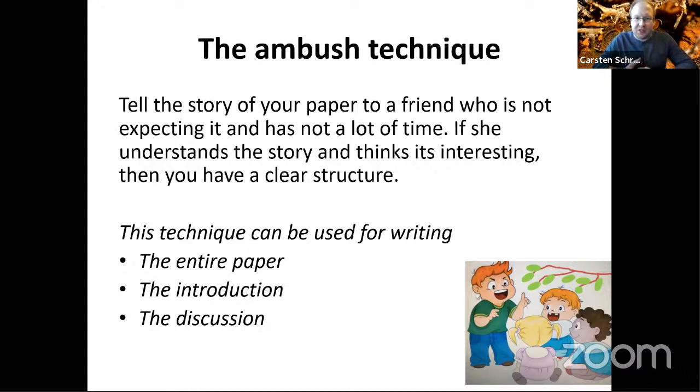Now in Corona times, it's difficult, but go to someone else and tell the person what you want to write about. And then when you change the context from sitting in front of the computer with Word and being stressed to having somebody to tell, then your mind often gets much clearer and you get down to the points that are really important. So this might help you to clarify what is really the story of your paper.